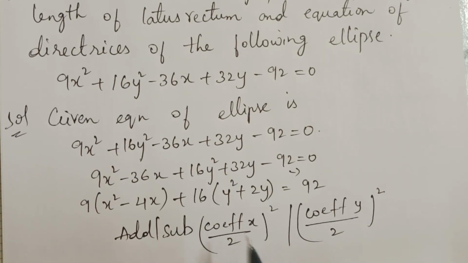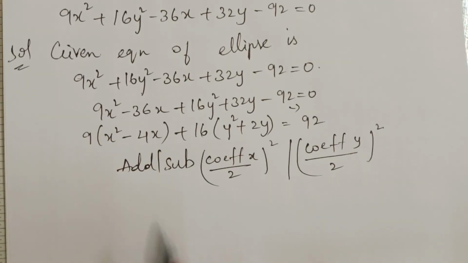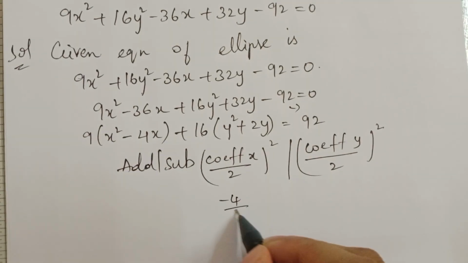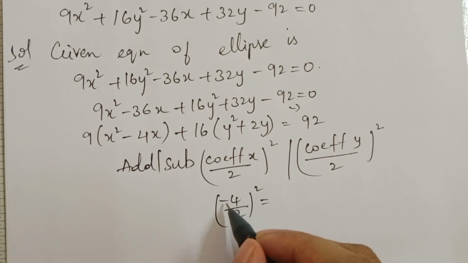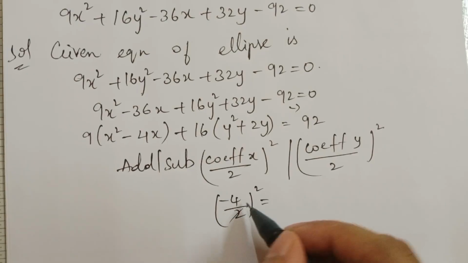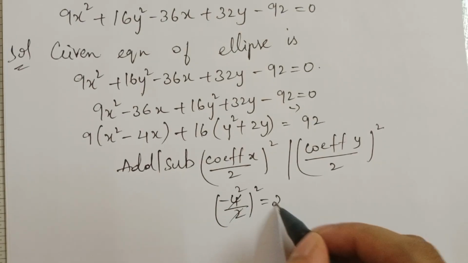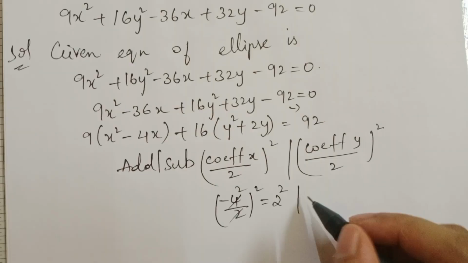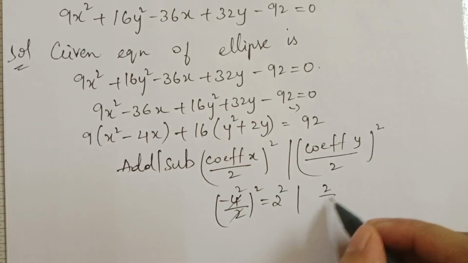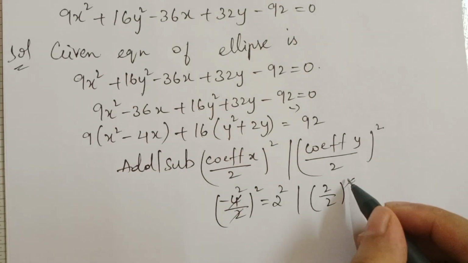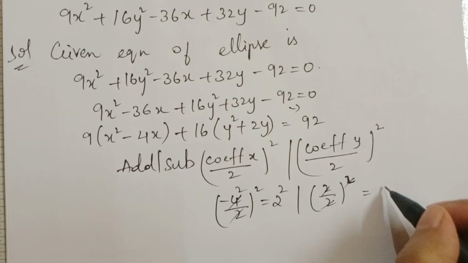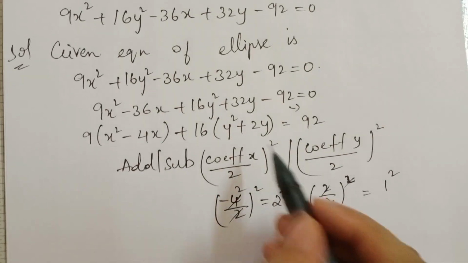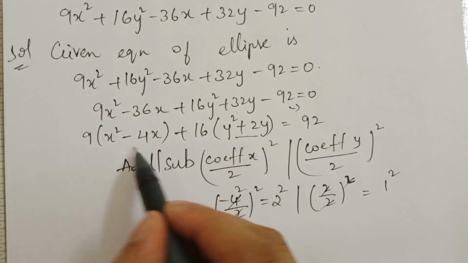For the coefficient of x it is minus 4, so it is minus 4 by 2 square, which is nothing but positive 2 square. And for y it is 2 by 2 square, so it is 1 square. So we should add and subtract these terms here.